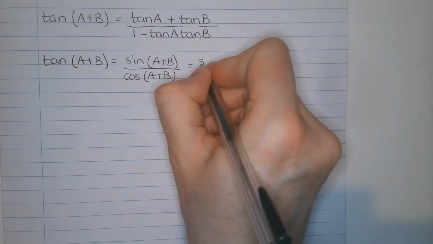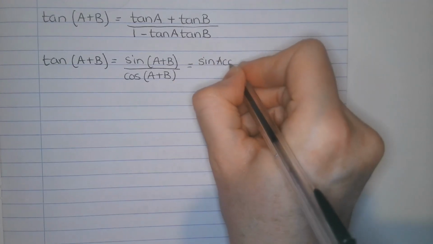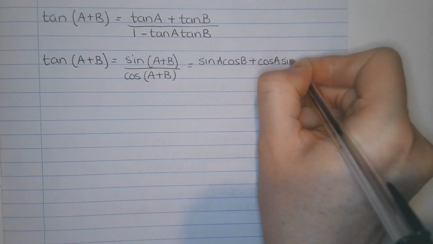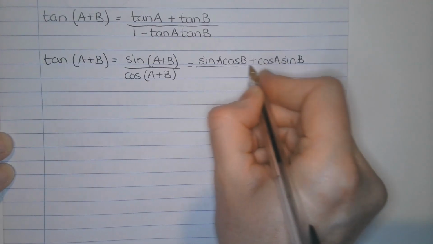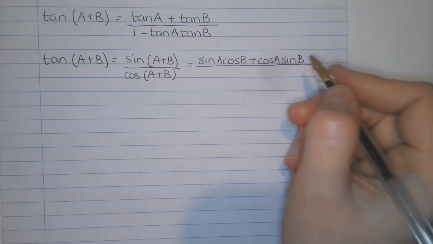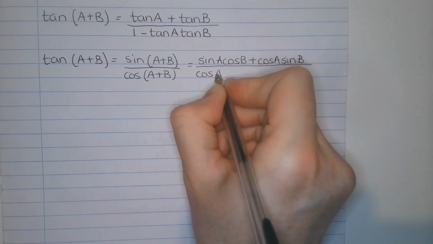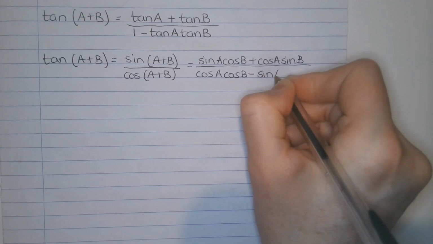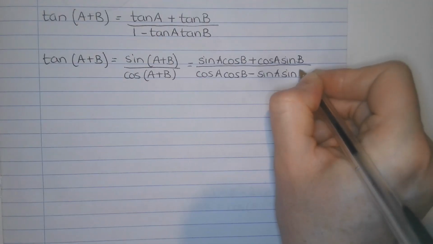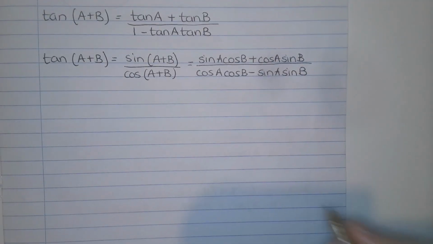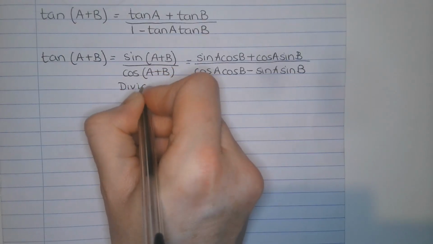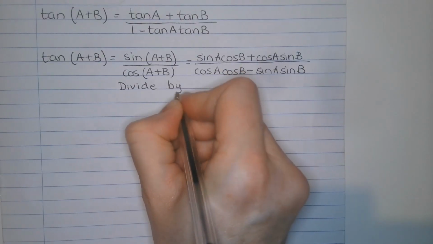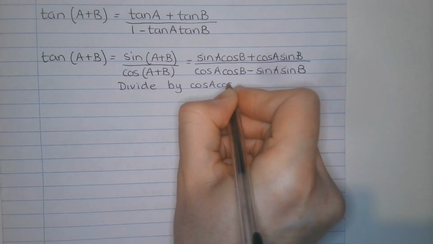So sine of A plus B is sine A cos B plus cos A sine B all over the cos of A plus B, which is cos A cos B minus sine A sine B. What we have to do now is divide numerator and denominator by cos A cos B.